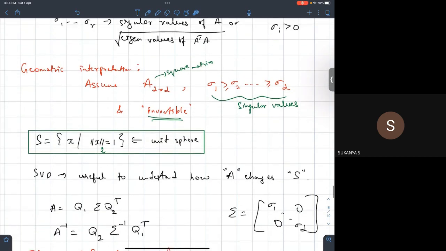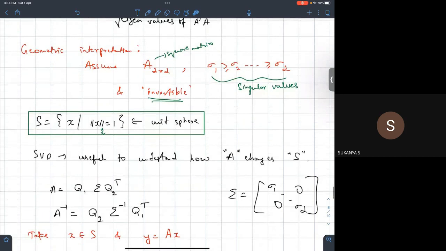Since I'm assuming invertibility, this matrix will have no zeros along the diagonal. Is that clear? No zeros along the diagonal. Yes, it's clear.